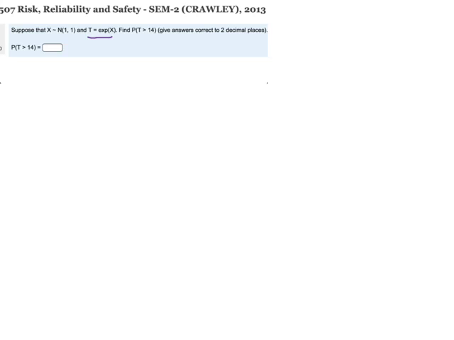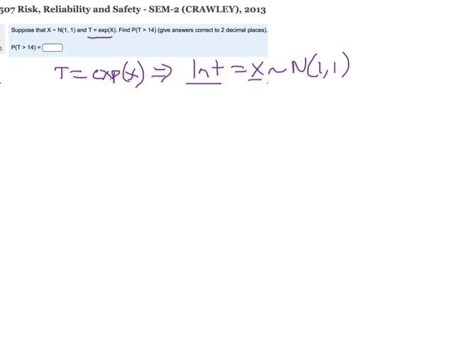Why is that? Because if t is equal to exp x, then ln t, if we take natural logs of both sides, is going to be equal to x, and we know that x is a normal distribution, so natural log t is a normal distribution, with mean of 1, variance of 1.